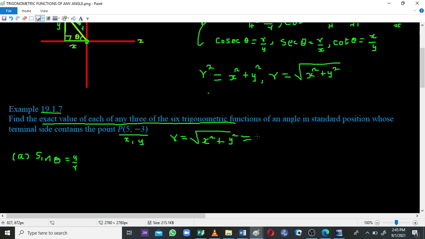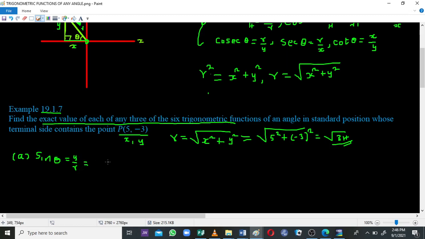Substituting, that's the square root of 5 squared plus (-3) squared, which is equal to the square root of 34. Since we have r, we can find out what sine theta is.